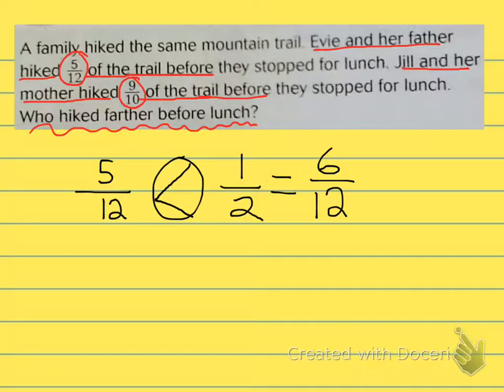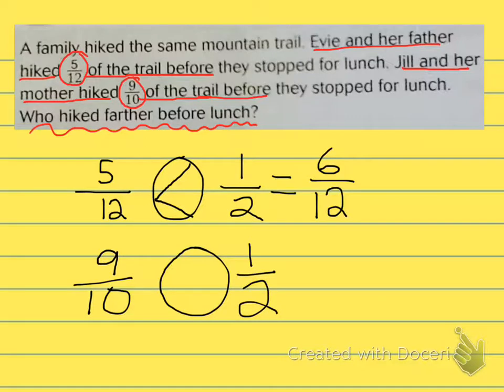And now if I look at 9/10 with the benchmark half, how many tenths are equal to half? Well, what's half of 10? 5. So 1/2 is equal to 5/10.